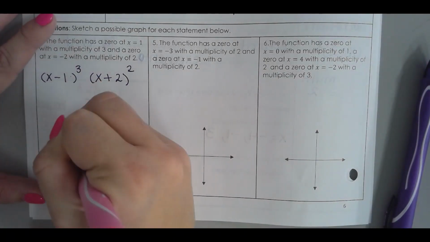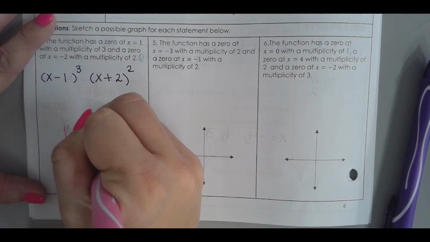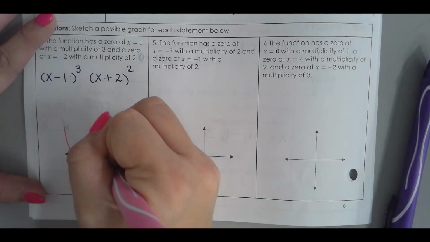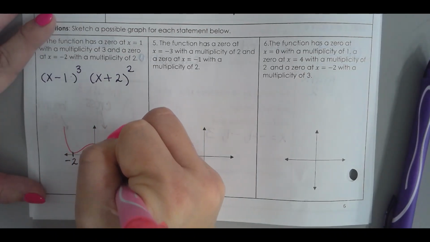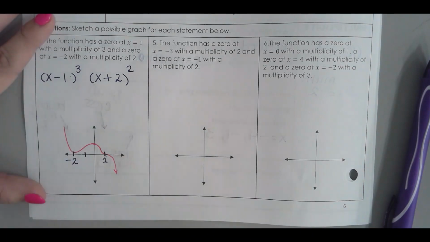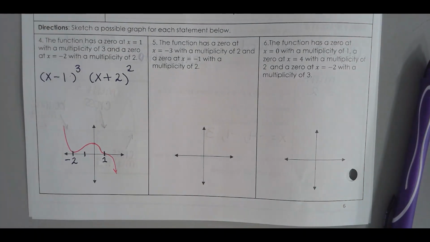Let's see. I don't know. That might not be a very good example. X minus 1 cubed, x plus 2 squared.